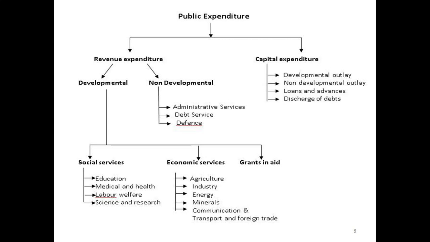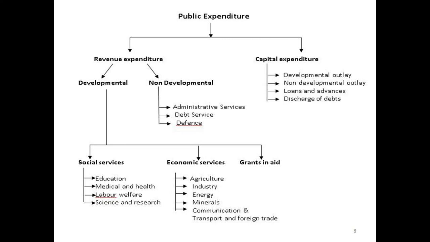So let us go to economic service. We spend more money on economic services like agriculture, industry, energy, mining, communication and transport, and foreign trade. Let's go to agriculture. In Rwanda, the government provides services to help the people doing agriculture to make a large output.